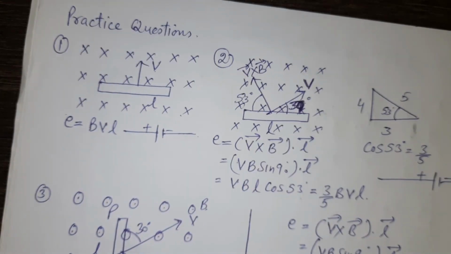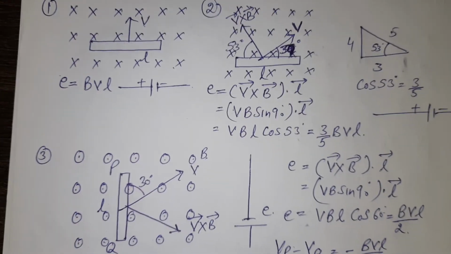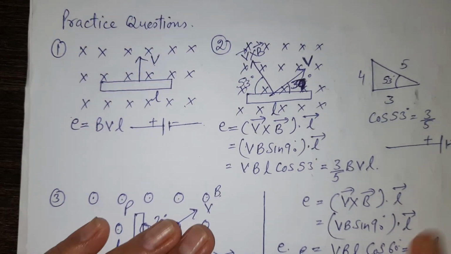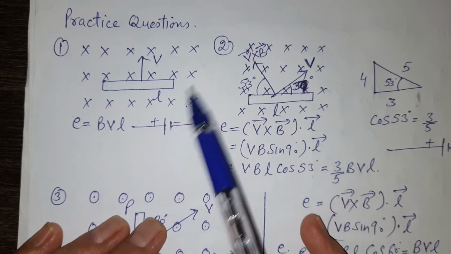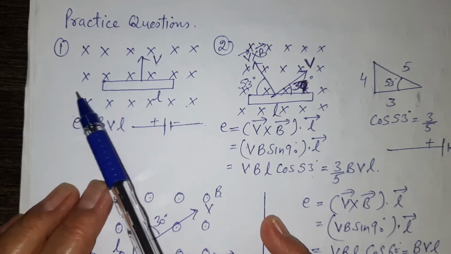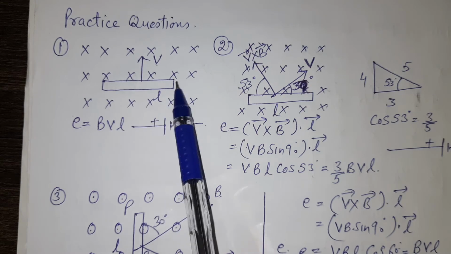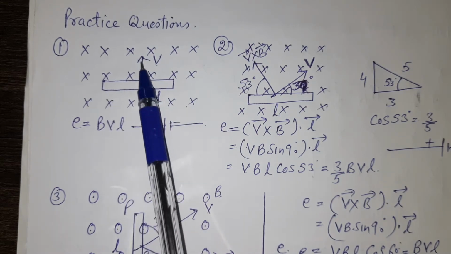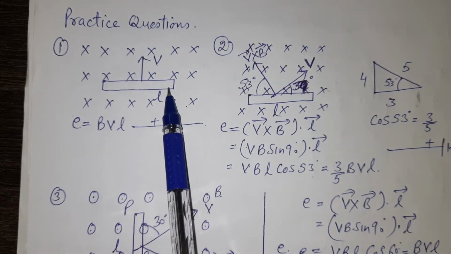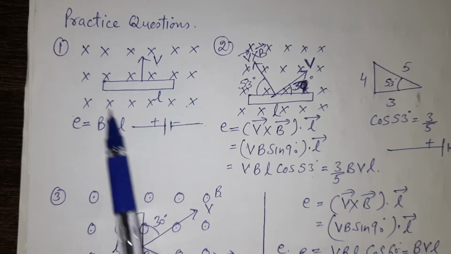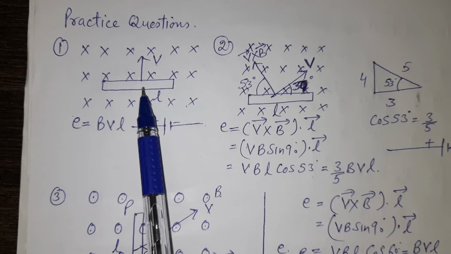Now practice questions. First question. This is the magnetic field, this is the rod, and this is the velocity vector. This is the length vector. We have to find the induced EMF in this rod.